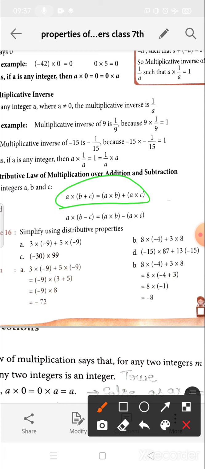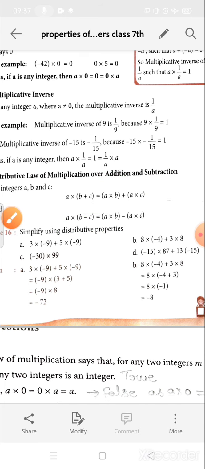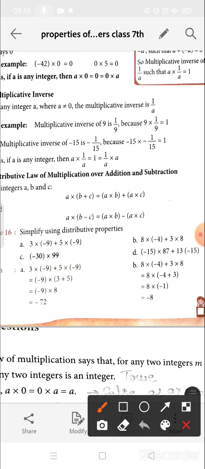This is multiplication and this is over addition. A multiplied by B plus C is equal to multiplication of A with B plus multiplication of A with C. Clear? In the same manner, if you have A into B minus C, it is equal to A into B minus A into C. Clear?